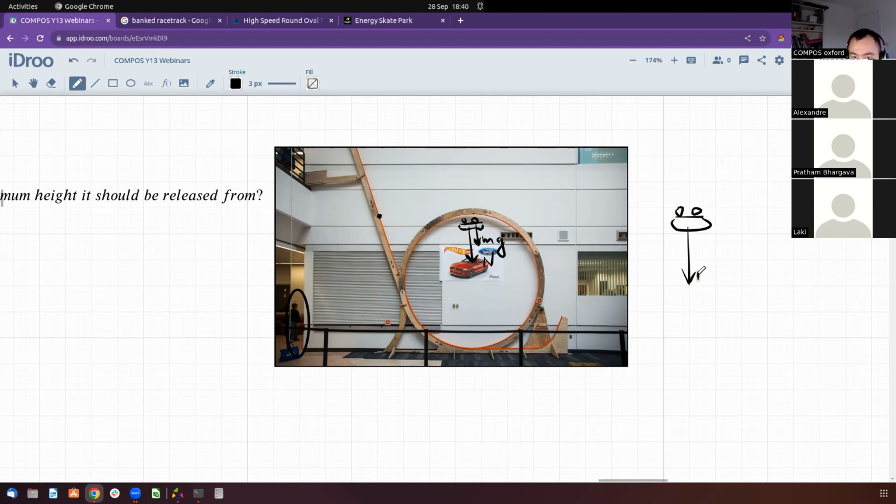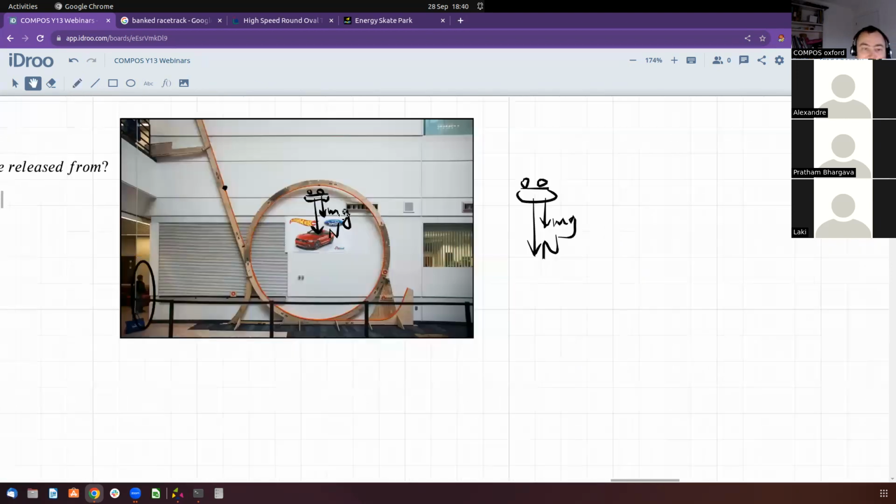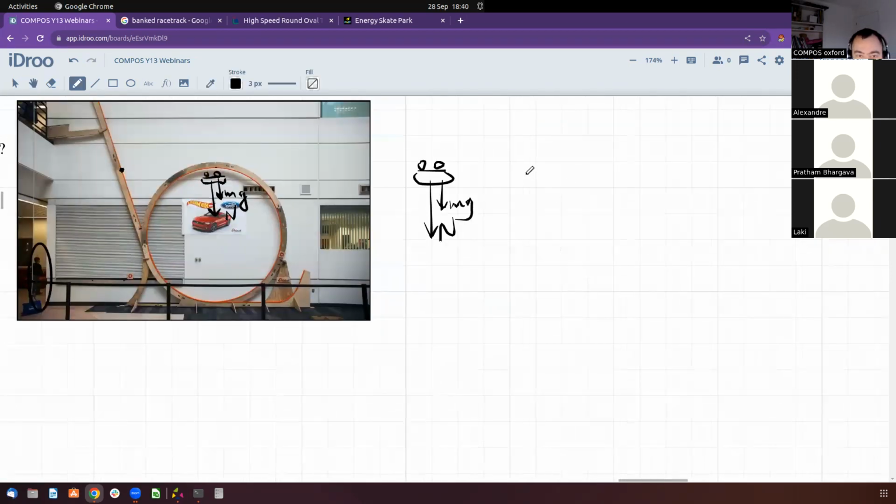We have N and we have mg, and these two forces provide the centripetal force. So ma, the centripetal force, is equal to the normal force plus mg. And because we're traveling at the minimum possible speed, it will be losing contact with the track.